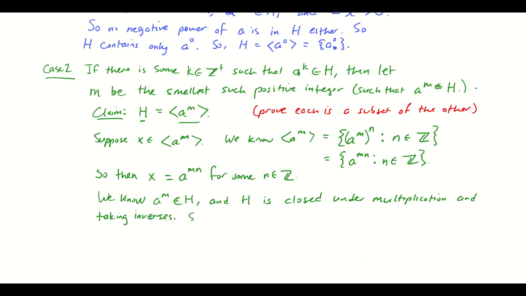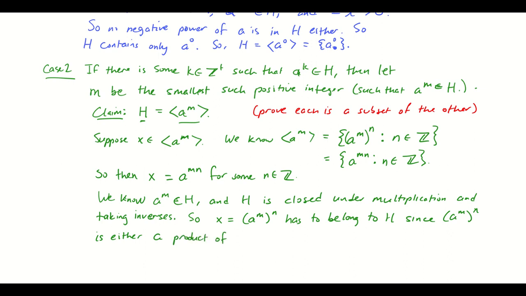So we know that x, which is a to the m to the n, has to belong to h. Since this element, a to the m to the n, is, just by definition, either a product of a to the m's, a product of copies of a to the m inverse, or the identity.